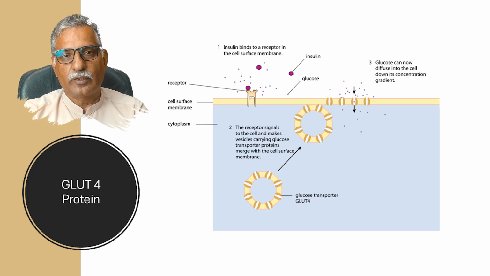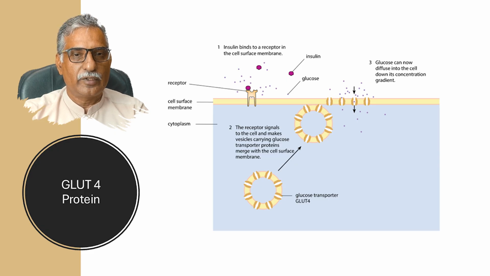When the insulin binds with the receptor, these GLUT protein-containing vesicles move to the cell membrane, merge with it, and add GLUT4 protein channels in the membranes of the muscle cells. That will start the intake of glucose down the diffusion gradient.